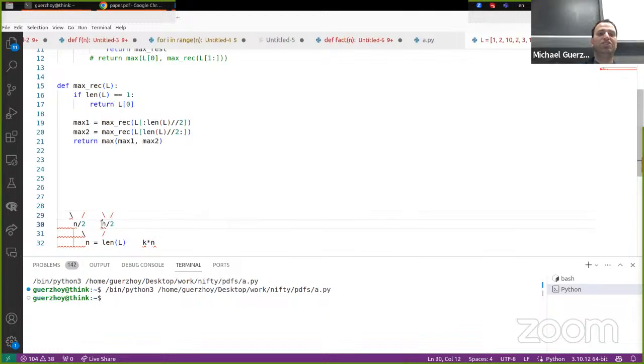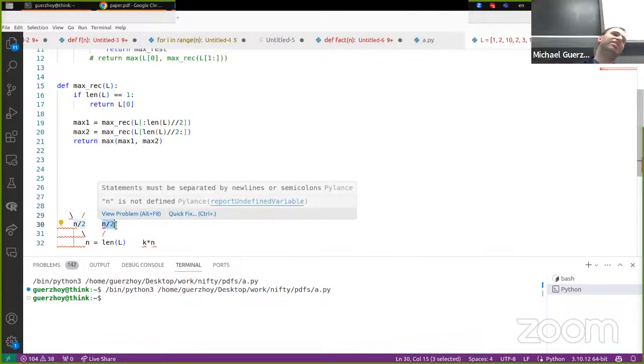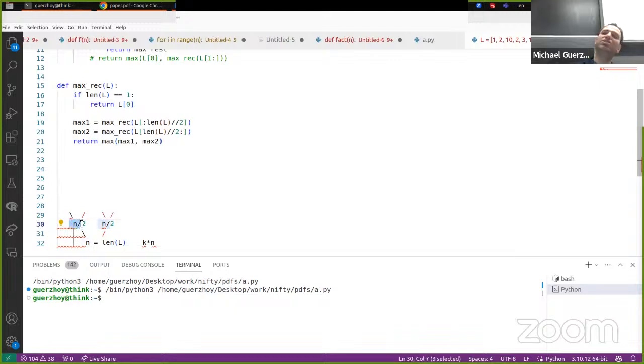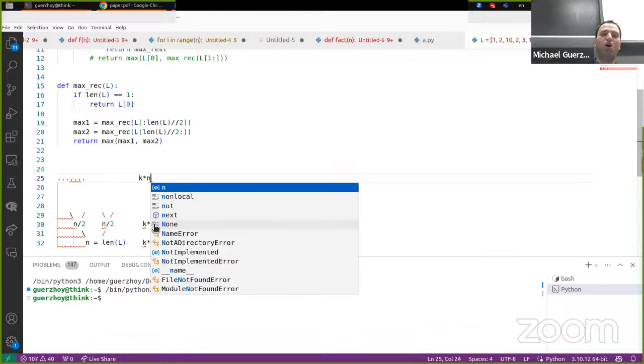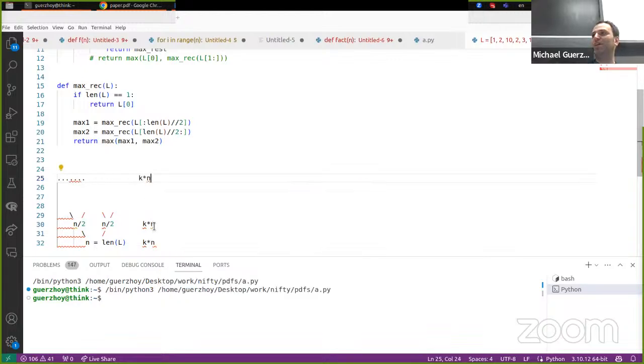Then over here, you're creating two lists of length n over 4, another two lists of length n over 4. So that also takes kn. It's the same reasoning for every level: the whole level takes time proportional to n. And there are log n levels. So yes, n log n.